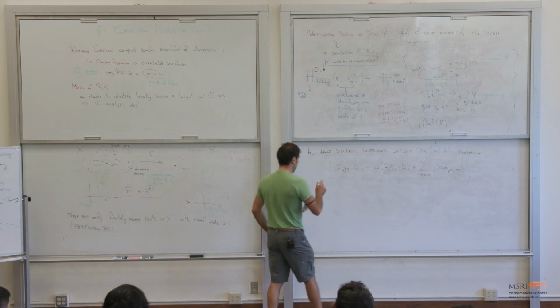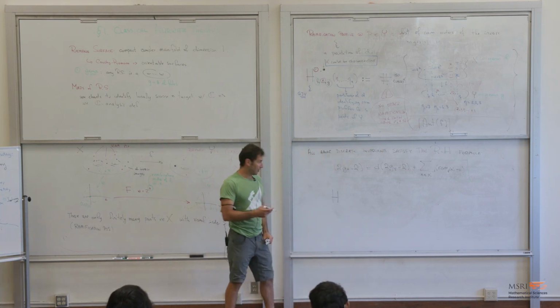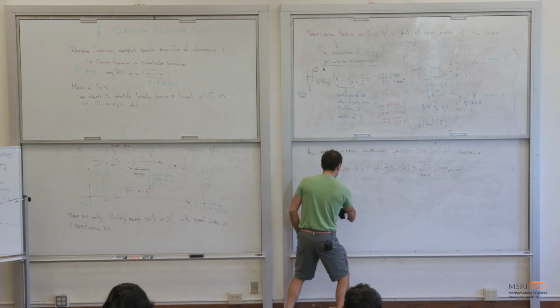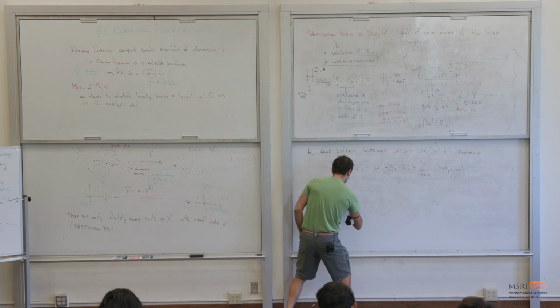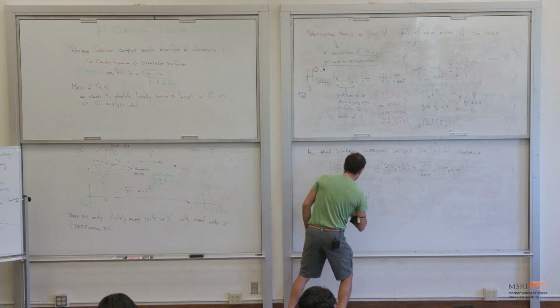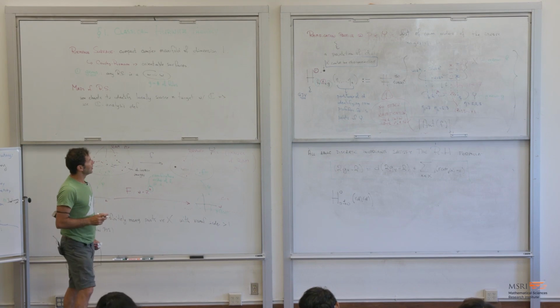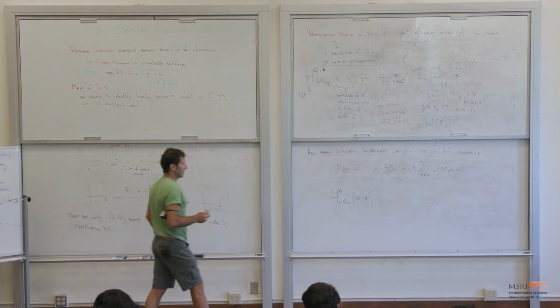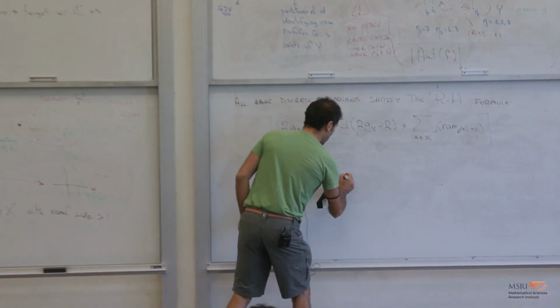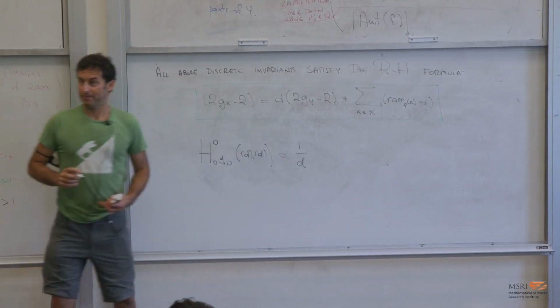Now, just about the only infinite family of Hurwitz numbers that one may compute using this definition is this one, which turns out to be 1 over d.